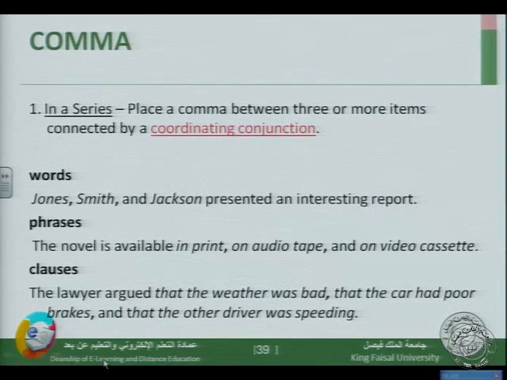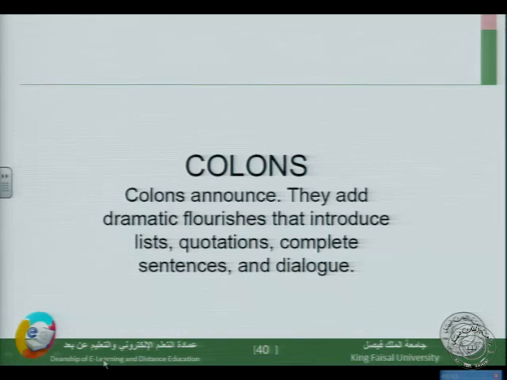In the last class we talked about the uses of the comma, and we have taken some rules. We said that we put a comma between three or more items connected by coordinating conjunctions, and we have taken many examples. Also, we have talked about the colons.